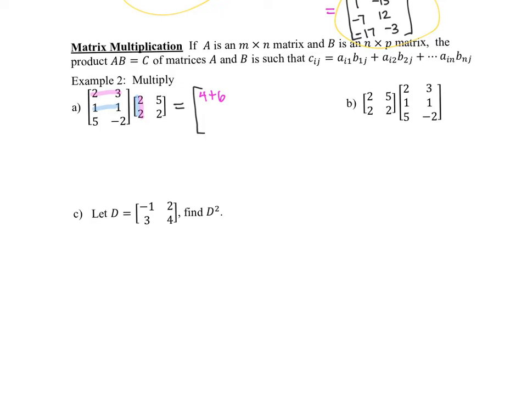I'll multiply the corresponding entries again. The first one goes with the first one. 1 times 2 is 2, 1 times 2 is 2. Then I'm going to go to row 3, column 1, and that'll tell me the entry that goes in row 3, column 1. So 5 times 2 is 10, minus 2 times 2 is 4. So I did all of the first column. I'm going to go to the next column now.